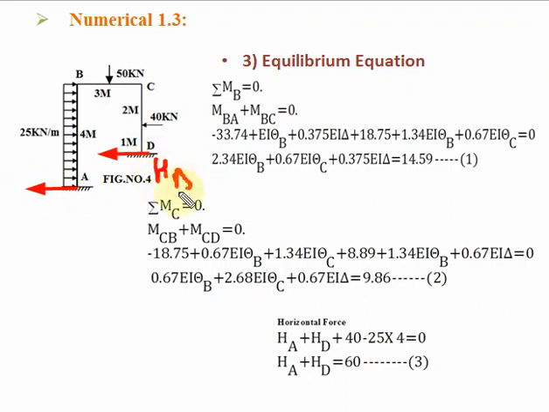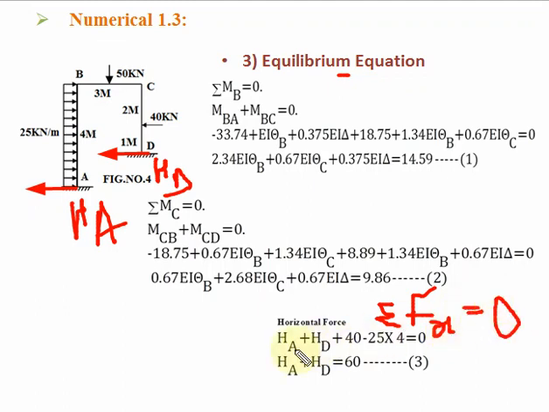So this is HD and this one is HA. The summation of all horizontal forces should be equal to 0 for equilibrium. So we take that type of equilibrium equation: all forces in the x direction for the whole structure should be equal to 0.